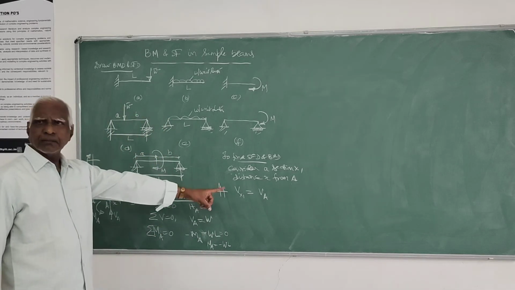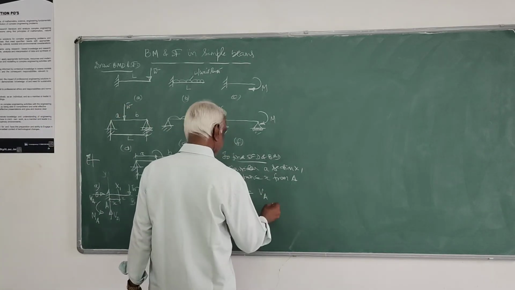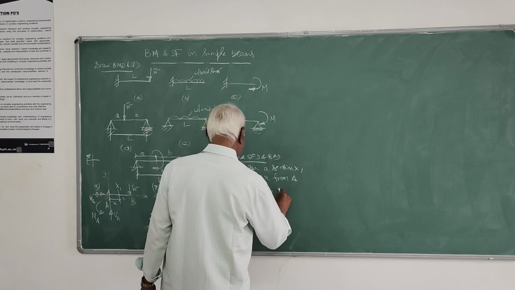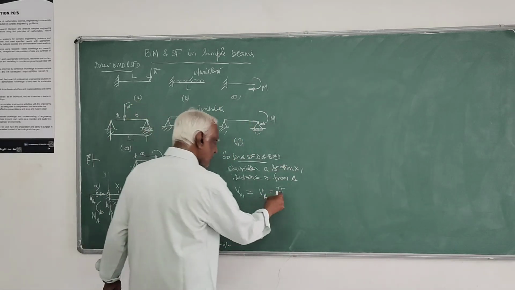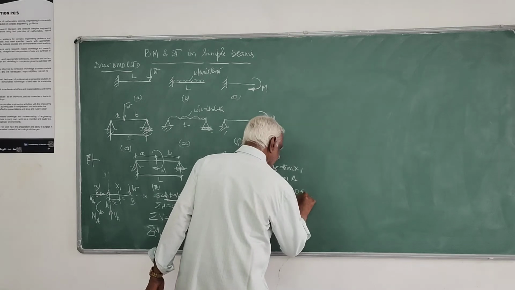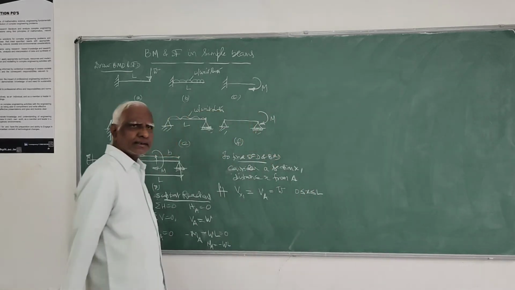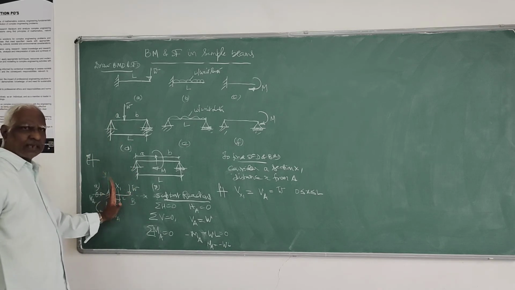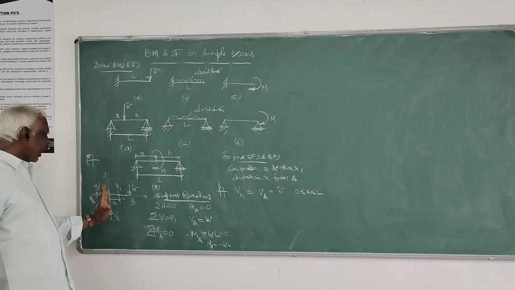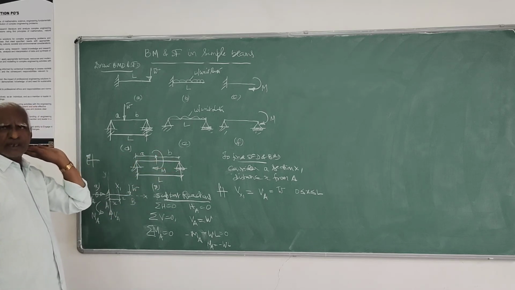So Vx1 is VA, which is nothing but W. This holds good for x equals 0 to x equals L.